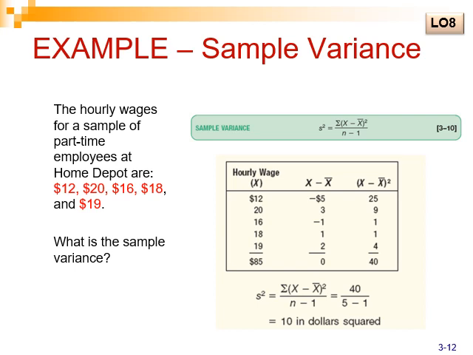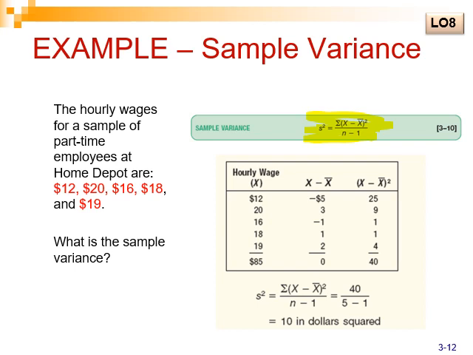Let's take an example for the sample variance. If you have the hourly wages for a sample of part-time employees at home: $12, $20, $16, $18, and $19. What is the sample variance? The sample variance S squared, as mentioned before, has the same steps as the population variance, except that we divide by n minus 1.